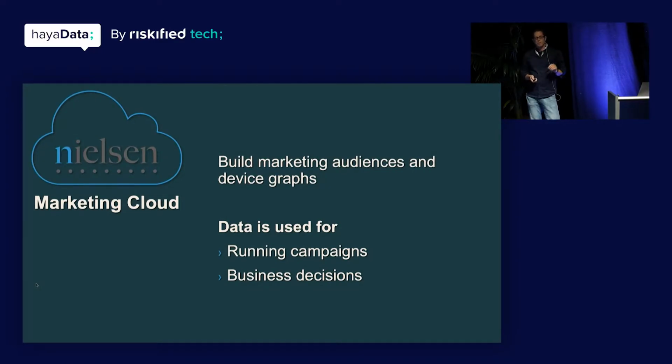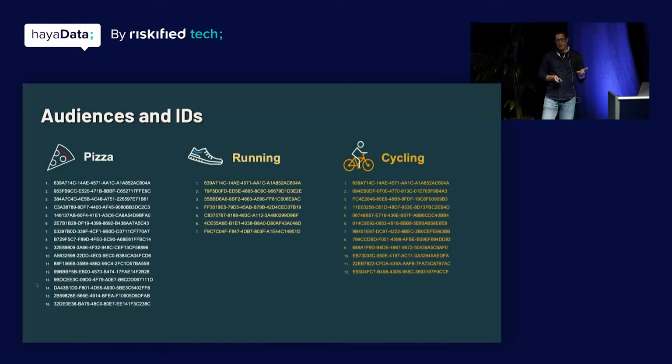A bit about us, so you have some context. We're Nielsen Marketing Cloud. We build marketing audiences and device graphs. And this is great for running marketing campaigns and for making business decisions from the data analytics you gain from it. An audience is basically just a list of IDs with some classification, a trait. A list of IDs are device IDs, which we basically equate to users, right?